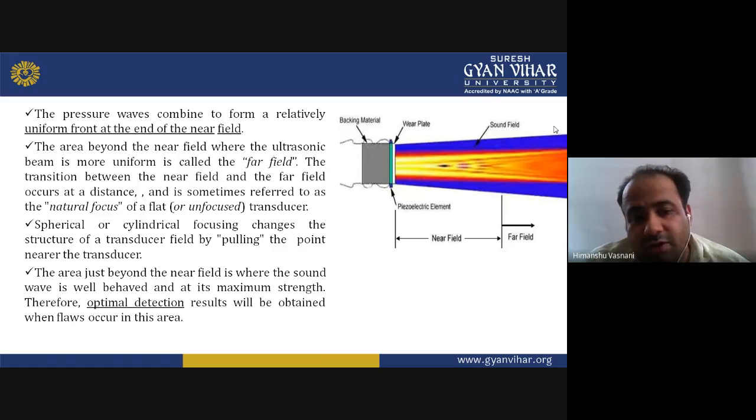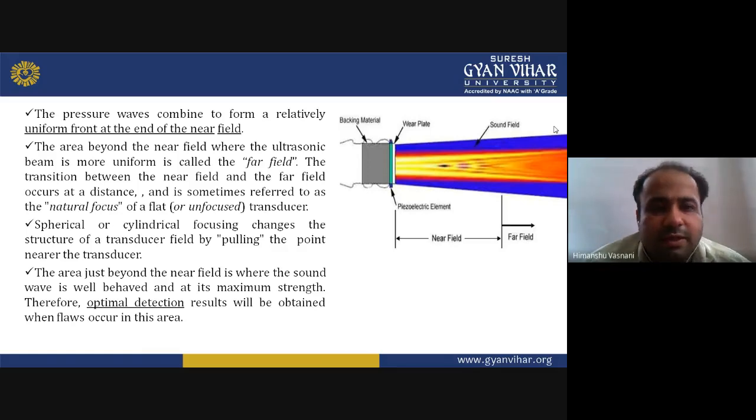So spherical or cylindrical focusing changes the structure of a transducer field by pulling the point near the transducer. The area just beyond the near field is where the sound wave is well behaved and at its maximum strength. Therefore, optimal detection results will be obtained when the flaw occurs in this area. So you can remember these two things: near field and far field.